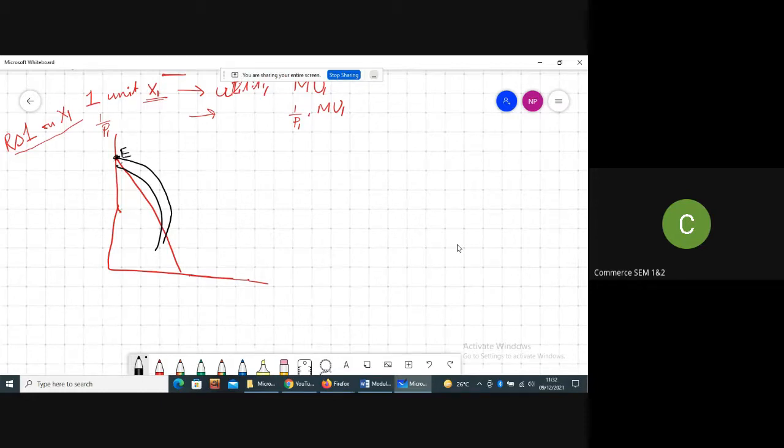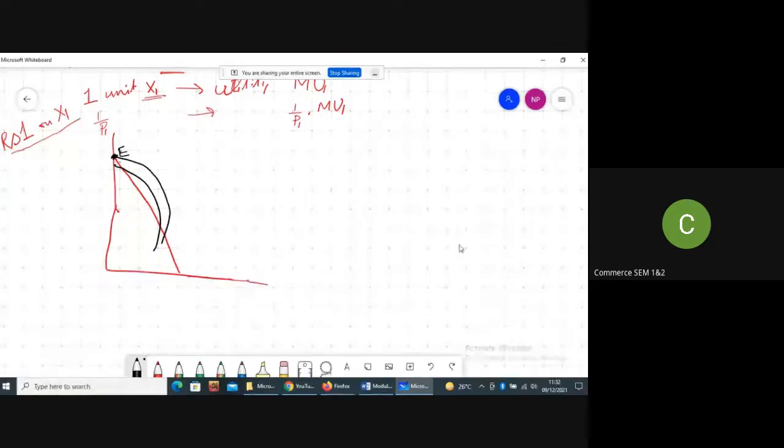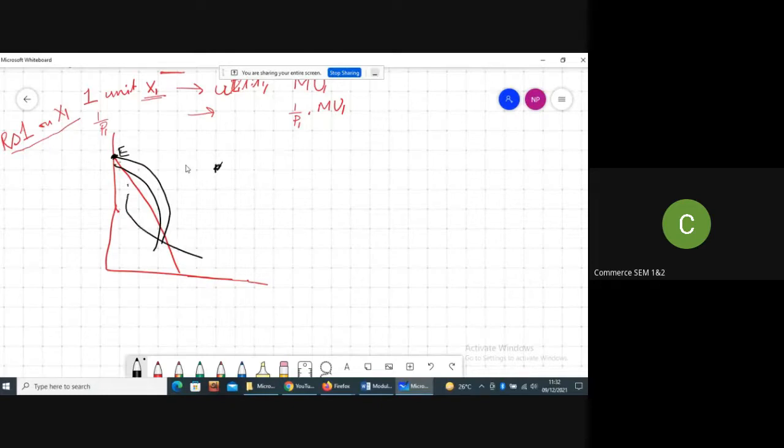So clearly you can see that the slope of the IC is not equal to the slope of the budget line, but still we have the equilibrium here at point E. So the sufficient condition for equilibrium is that the indifference curve must be convex to the origin, or diminishing MRS.